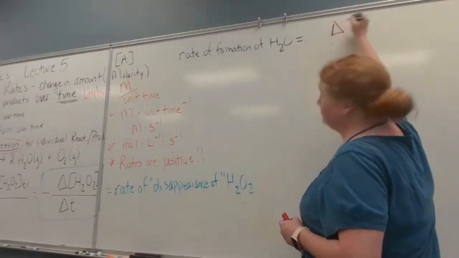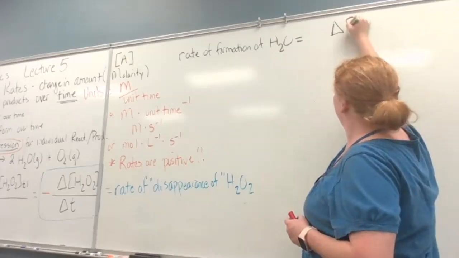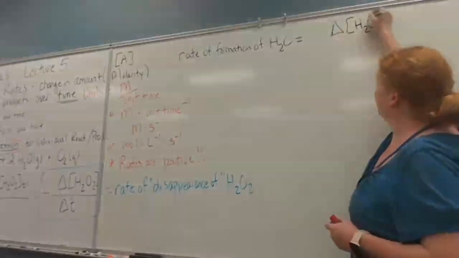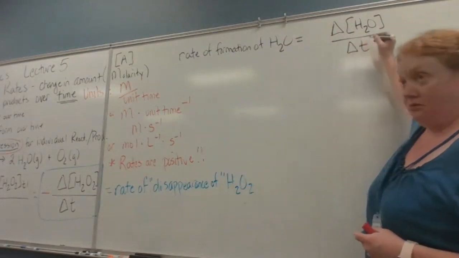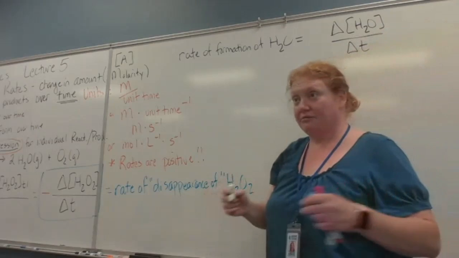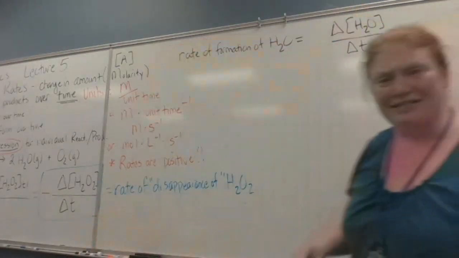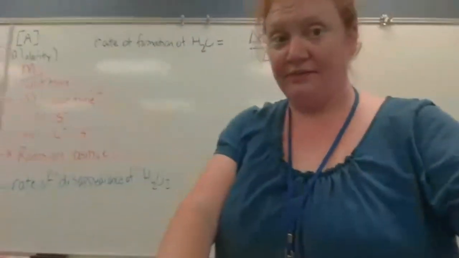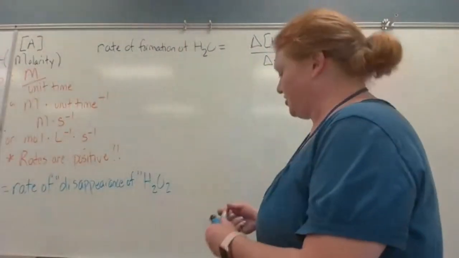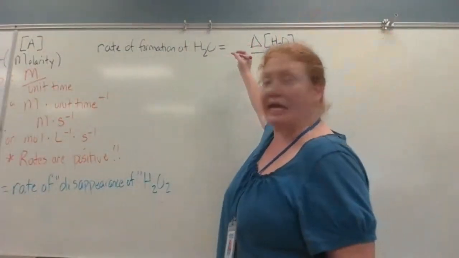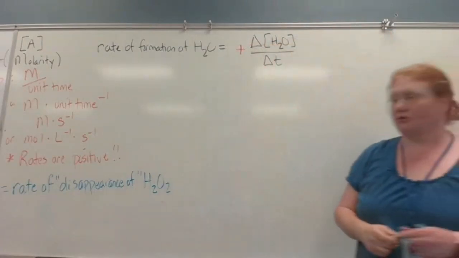It's the change in concentration of water over whatever time period I'm looking at. And this change is positive because products form over time. So sometimes we might actually still include, just for clarity's sake, I might go ahead and intentionally put a positive sign right there. Okay.